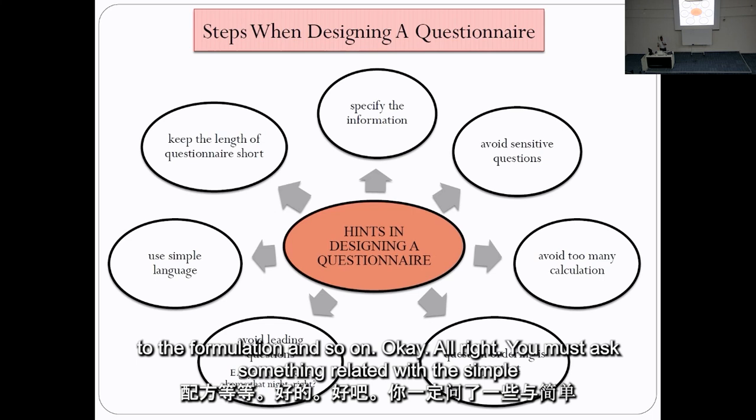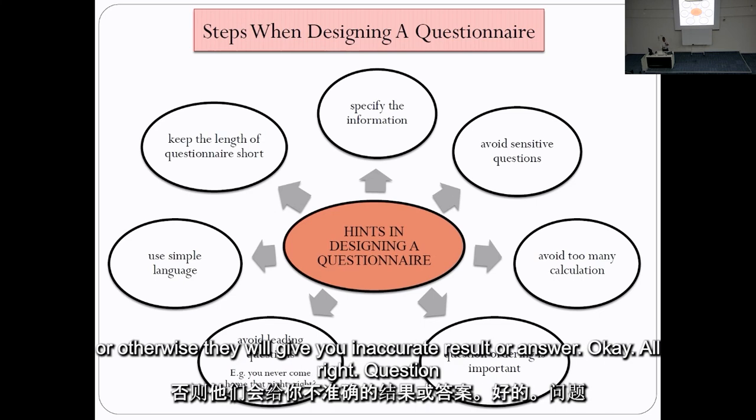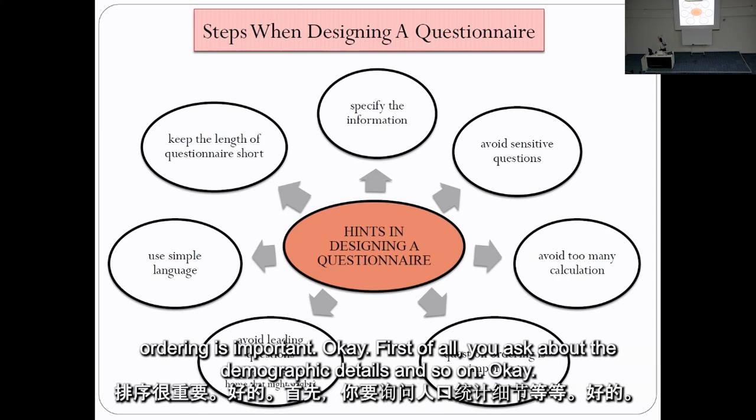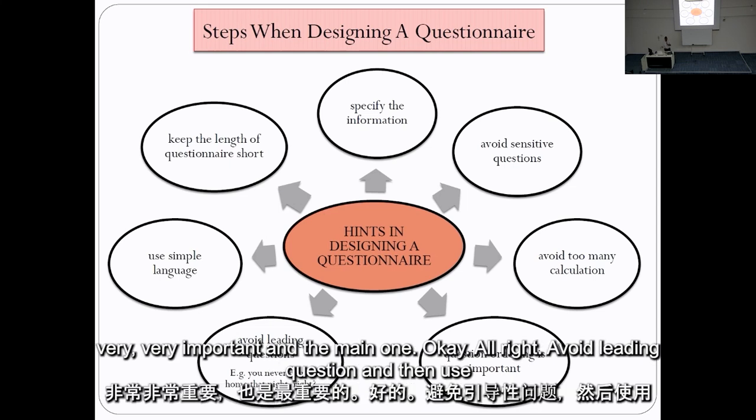Ask something simple and basic about the respondent, otherwise they won't give you the information, or they will give inaccurate answers. Question ordering is important. First ask about demographic details, then come to your topic of interest and research, and further the very important and main questions.